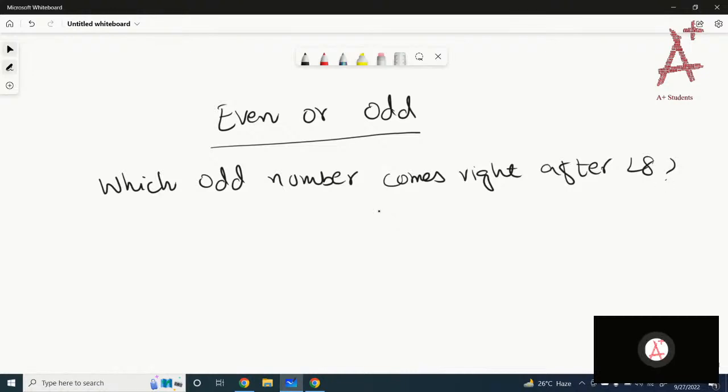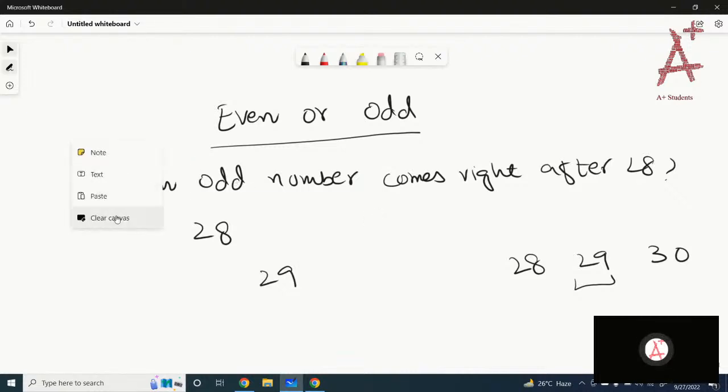So when counting, what number is right after 28? When you are counting right after 28, you have 28, 29, 30. What about 29? Is 29 an odd number? Yes, 29 is an odd number. Got it. So the next number after 28 is 29, and 29 is also an odd number.